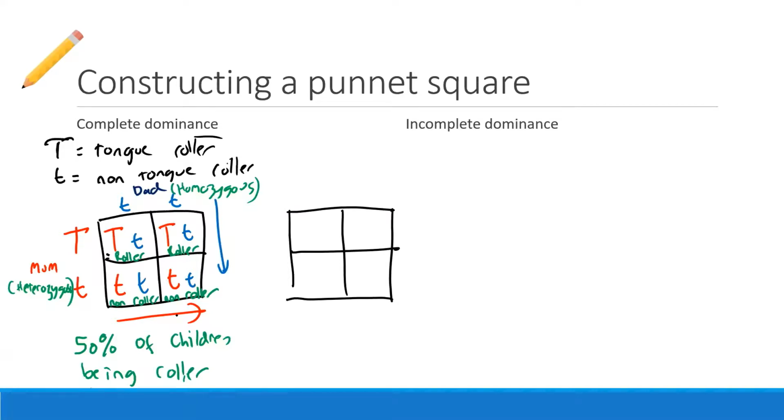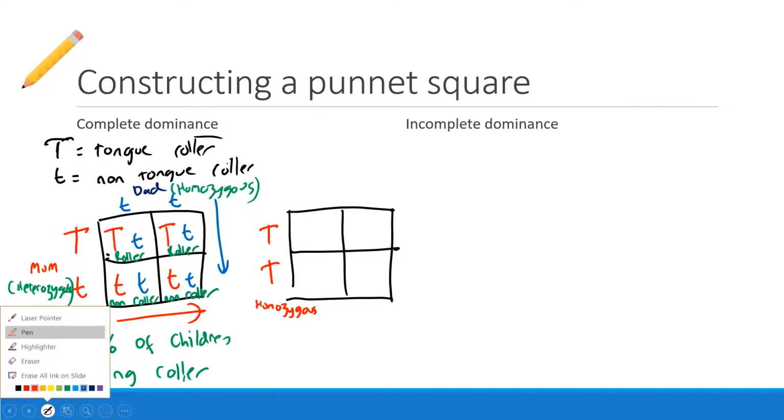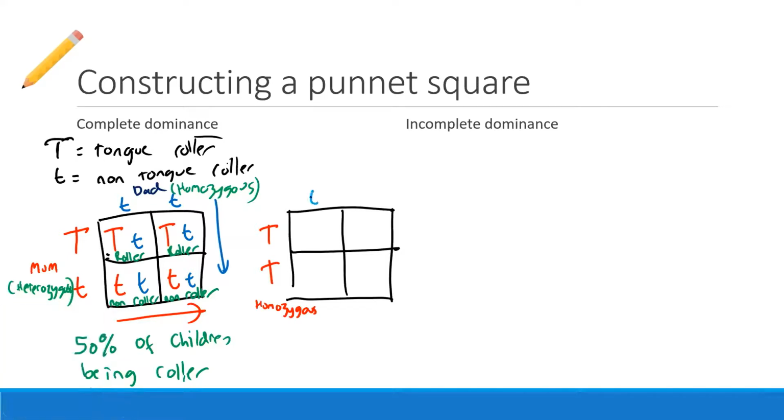We're going to look at, in this case, a mother that is a capital T. She's a tongue roller because she's got a capital T. In this case, she is homozygous because she has pure blood. She's come from a long line of tongue rollers. And again, the father this time is a non-tongue roller, but again, this time he's still homozygous.